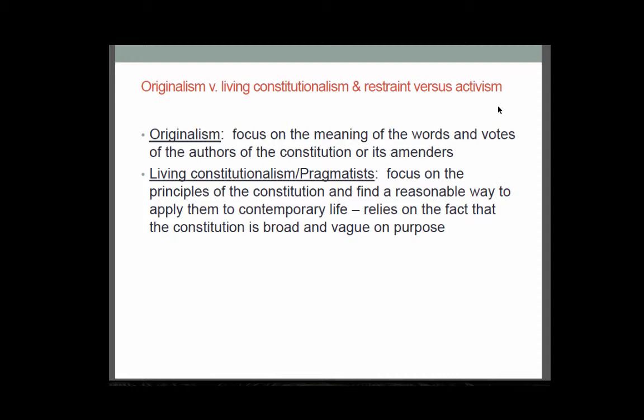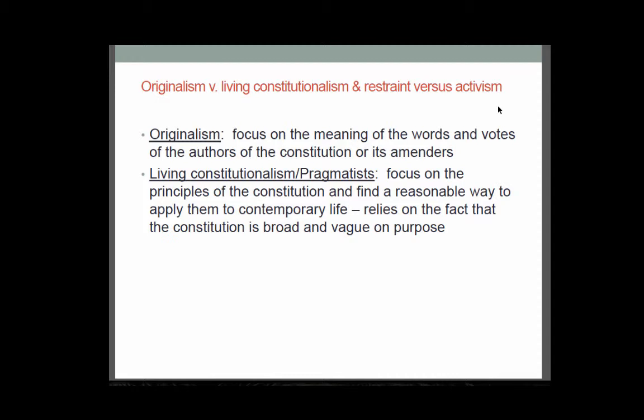Originalism is the idea that members of the Supreme Court should only make decisions solely based on the literal meaning and words of the Constitution and the intention and votes of the authors of the Constitution or the authors of amendments to the Constitution. That is, that's the only information that should be used on the constitutional side in deciding contemporary cases, even if those things aren't mentioned in the Constitution.